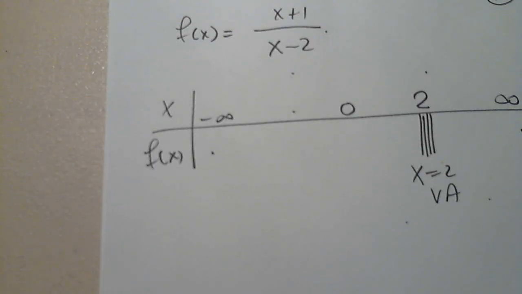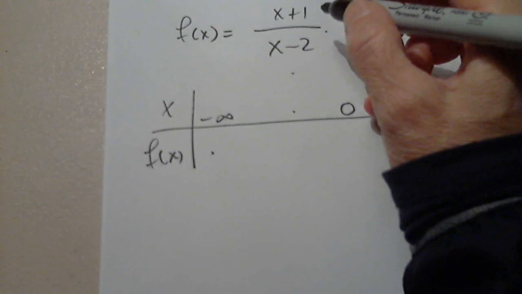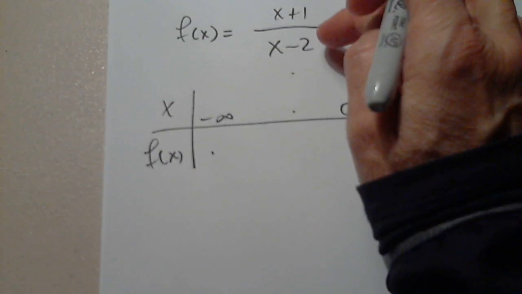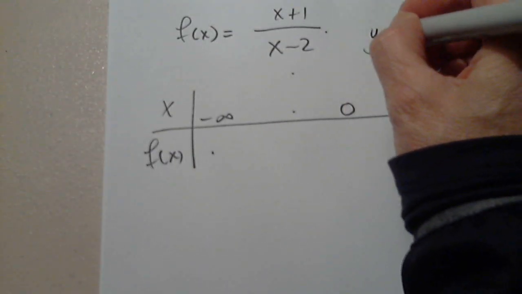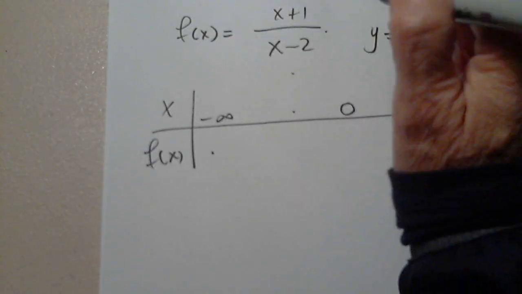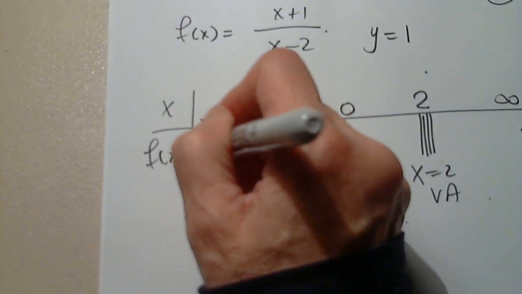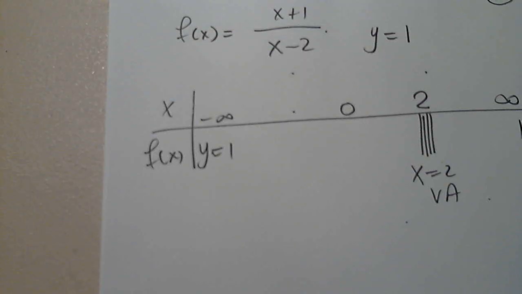Anyone can tell us what type is it? Is it type 1, type 2? It's type 1. Yes, it is type 1 because it's the same degree over same degree, and then y equals the leading coefficient over the leading coefficient is the horizontal asymptote. So 1 and 1, horizontal asymptote.